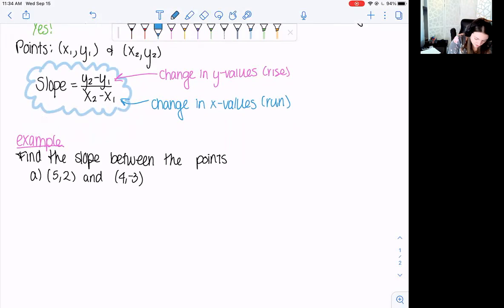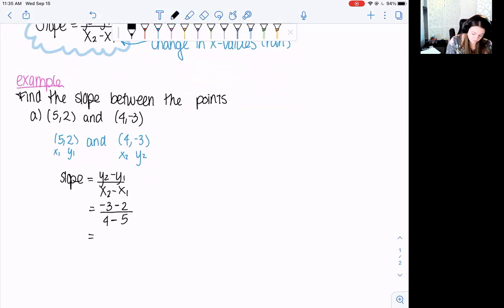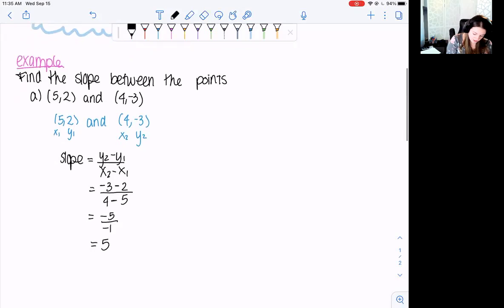So if we chose 5, 2 to be x1, y1, and 4, -3 to be x2, y2, then the slope, y2 minus y1 over x2 minus x1: y2 is -3, y1 is 2, x2 is 4, and x1 is 5. So we have -5 over -1, which is +5.